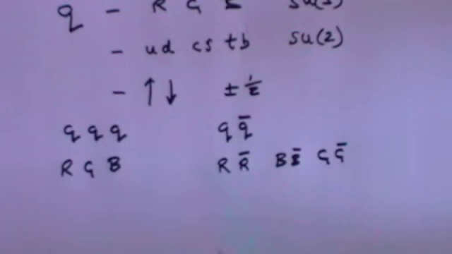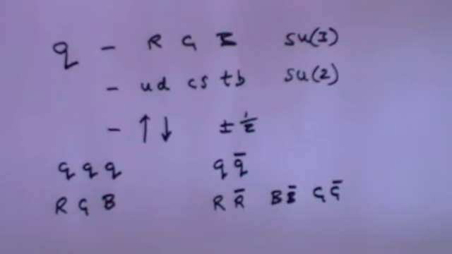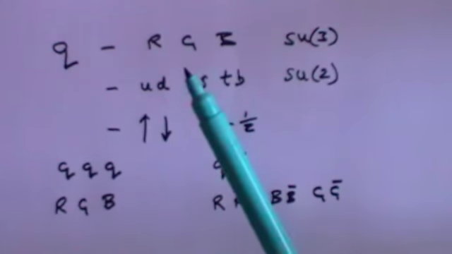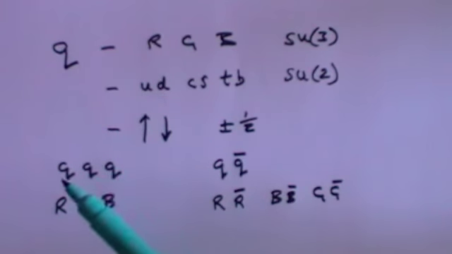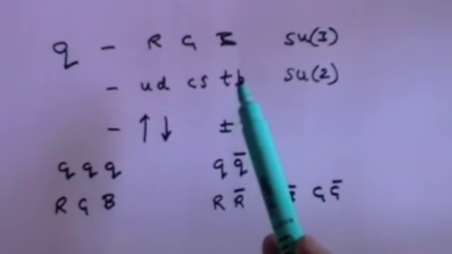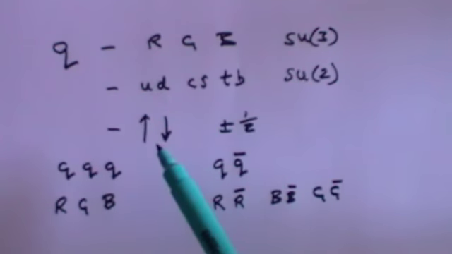And now we can, as it were, design our own particles. We know that if you've got three quarks together, we'll start off by looking at the group of three. If you've got three quarks together, we know that each of them will have a different colour. So we don't need to worry too much about that. But let's instead consider what combination of flavours and spin you might have in a quark combination.